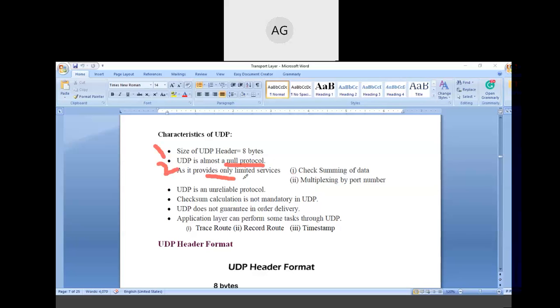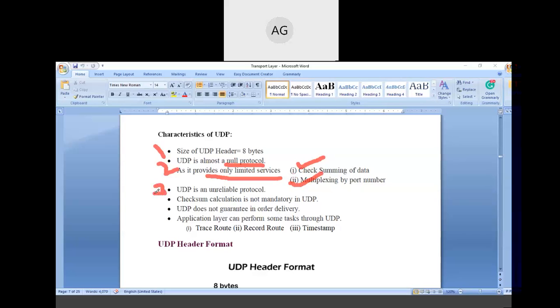As it provides only limited services, like check summing of data, and the second is multiplexing by port number. Only these services are provided by UDP. That's why it is called a null protocol, because it provides only limited services.